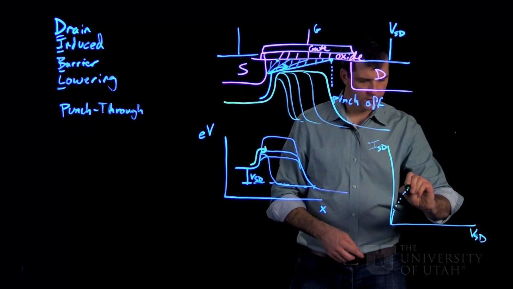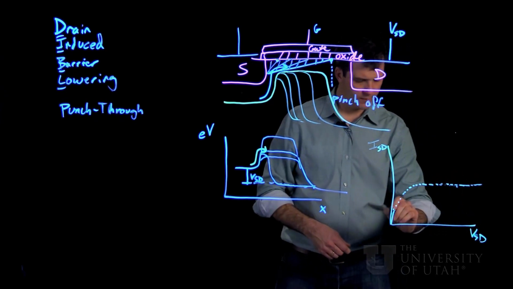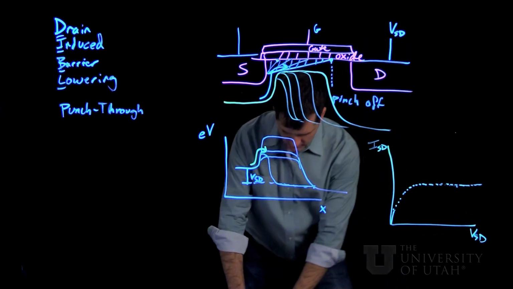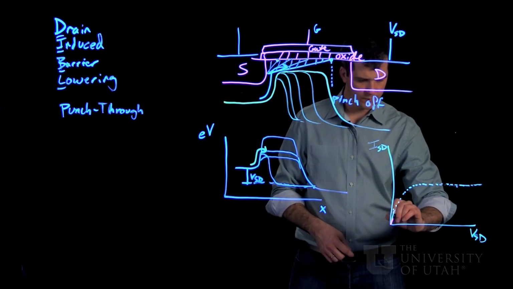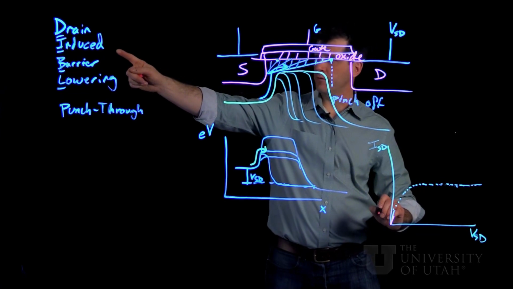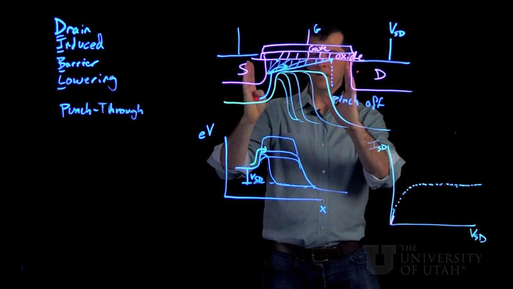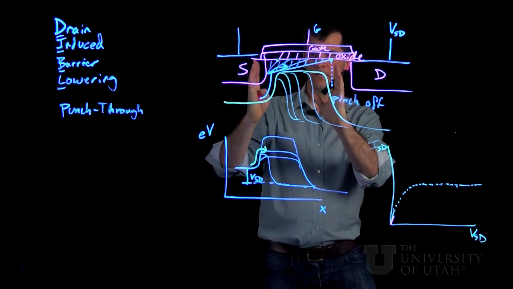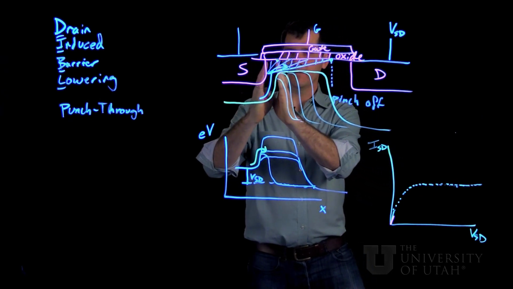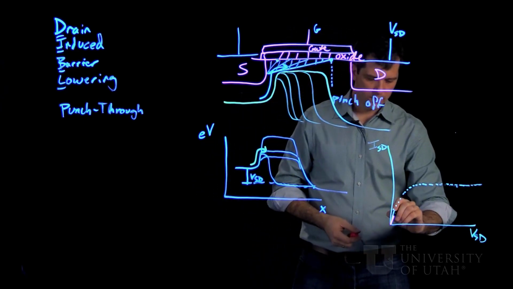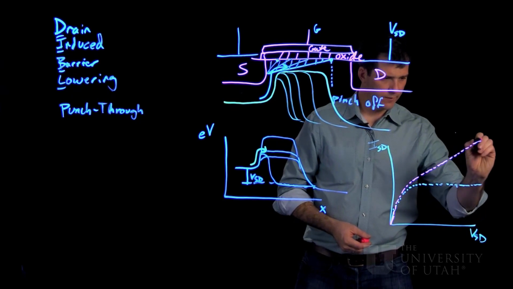So whereas before we had an ideal MOSFET curve that looked like this, now our current with this drain-induced barrier lowering and the occurrence of punch-through, where the depletion width from the drain actually reaches all the way through the channel, we'll get curves that look more non-ideal.